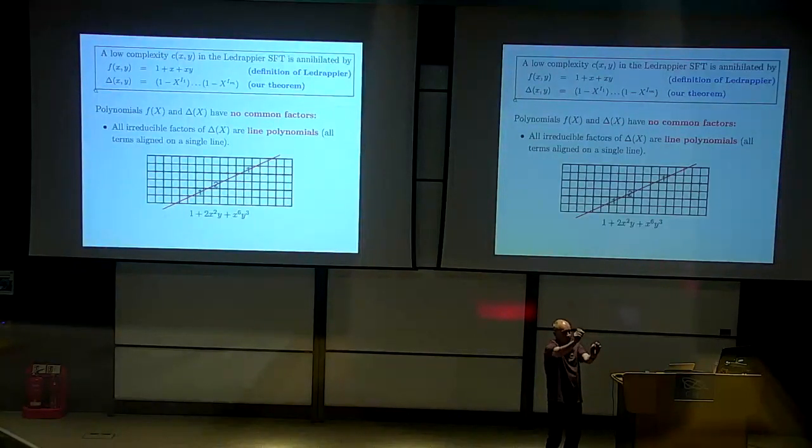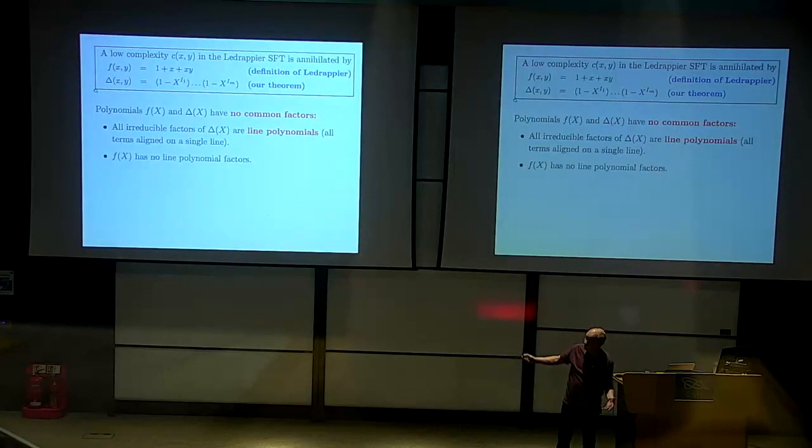Each difference polynomial has its coefficients on a single line, and so all its factors also have all the coefficients on that same single line. You cannot make it fat. They all have to be on a single line. We call these line polynomials: polynomials whose coefficients are on a single line on the plane. So all the irreducible factors of delta are line polynomials.